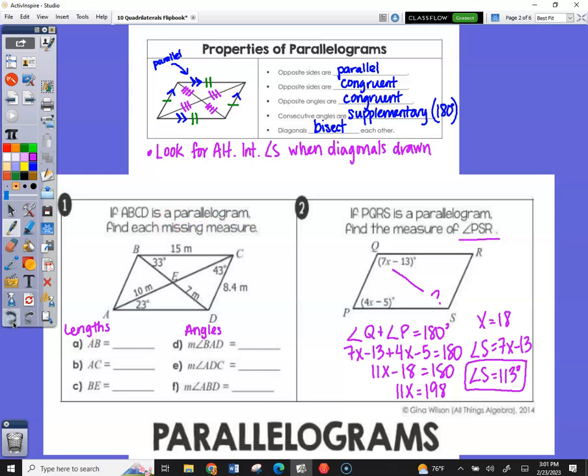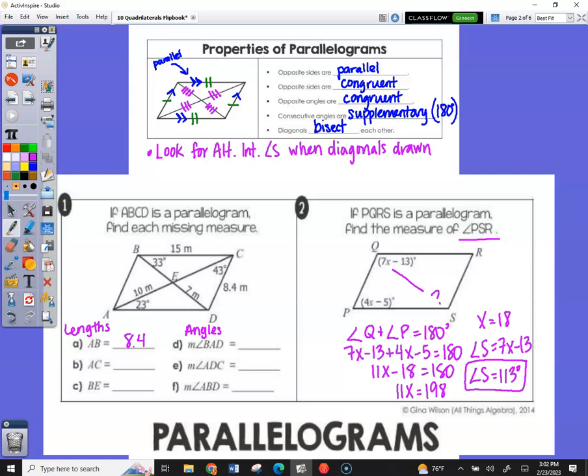It says find side AB. AB is here. Your first indicator would be, do you know the side opposite of it? And what is it? 8.4. What do you know about opposite sides? They're congruent. So AB would be 8.4.